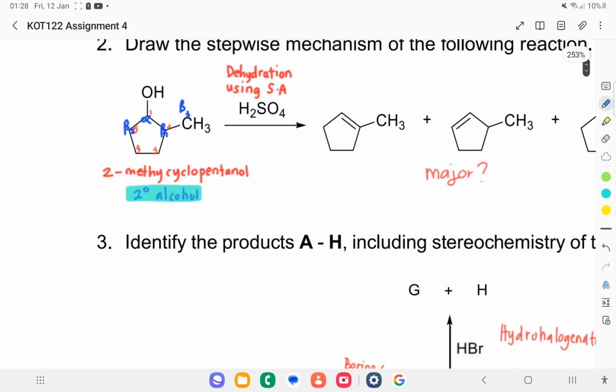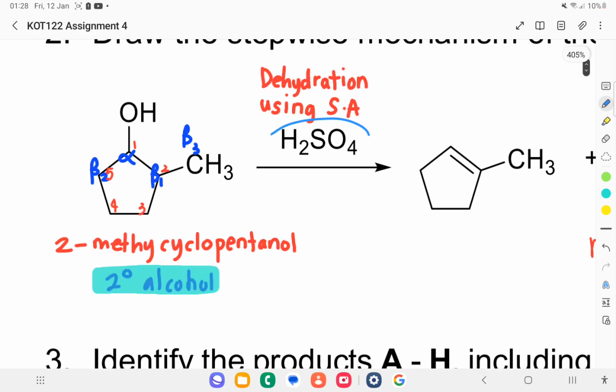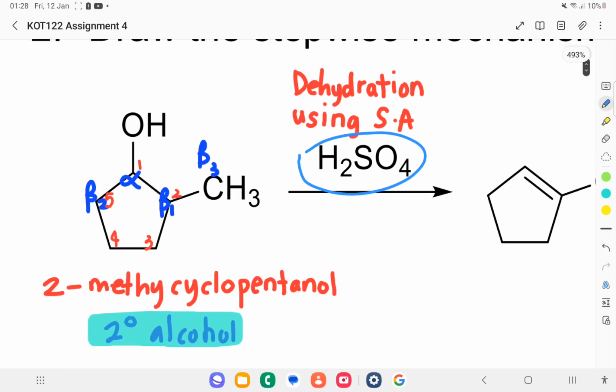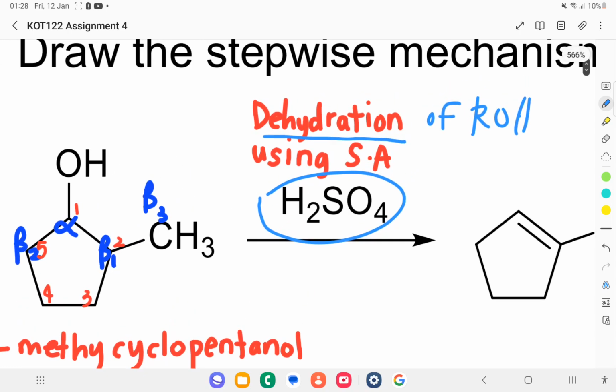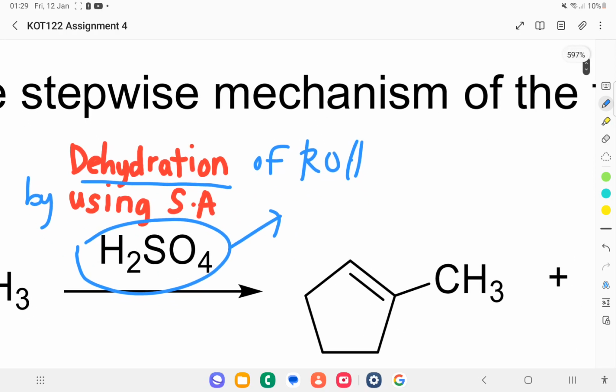I need to stress this. If you are given a compound with H2SO4, then you know that the name of this reaction is dehydration of alcohol by using strong acids. There is another reactant that we can use to undergo the dehydration of alcohol.